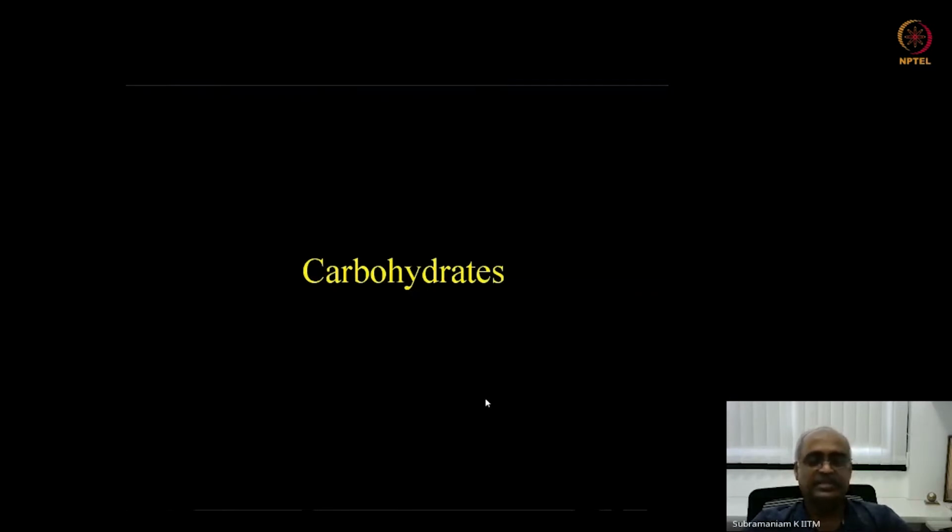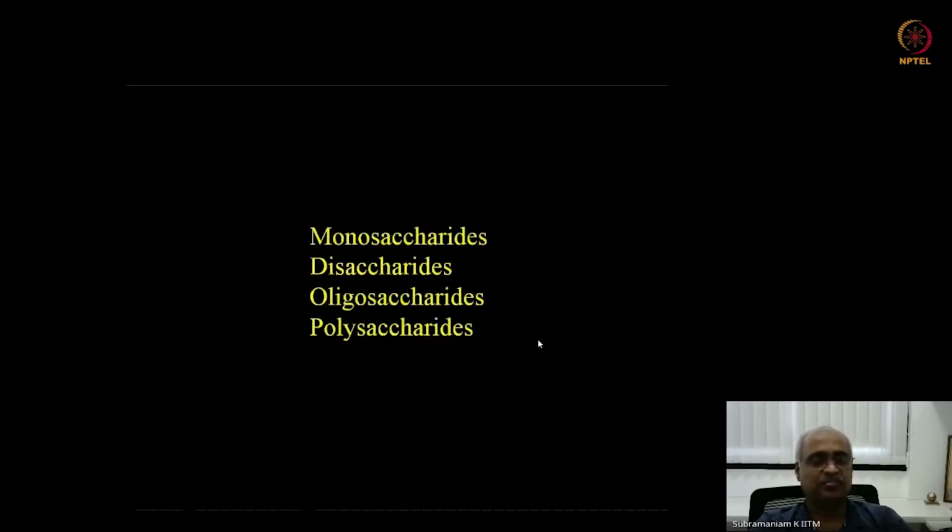So chitin and cellulose are extremely abundant. So let us get into the basic structures. We have already familiarized ourselves with terms like monosaccharides, polysaccharides, aldoses, ketoses, and glycosidic bond. So we will refresh our memory and get into more details today.